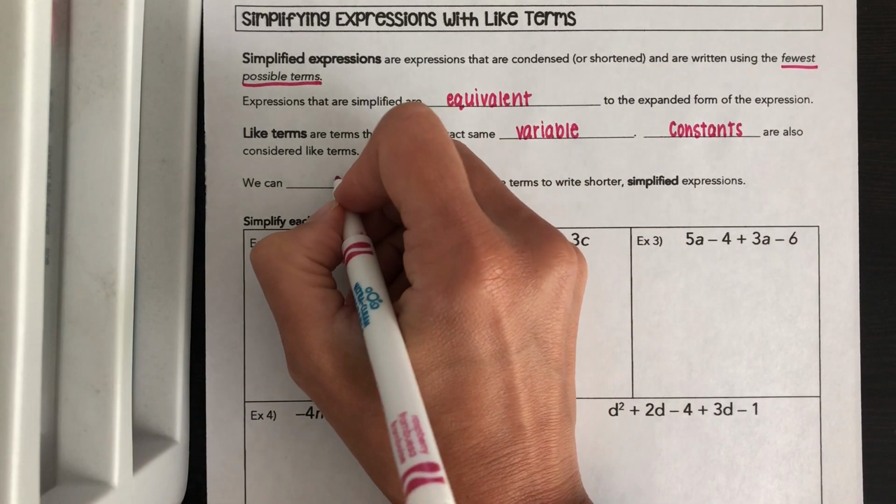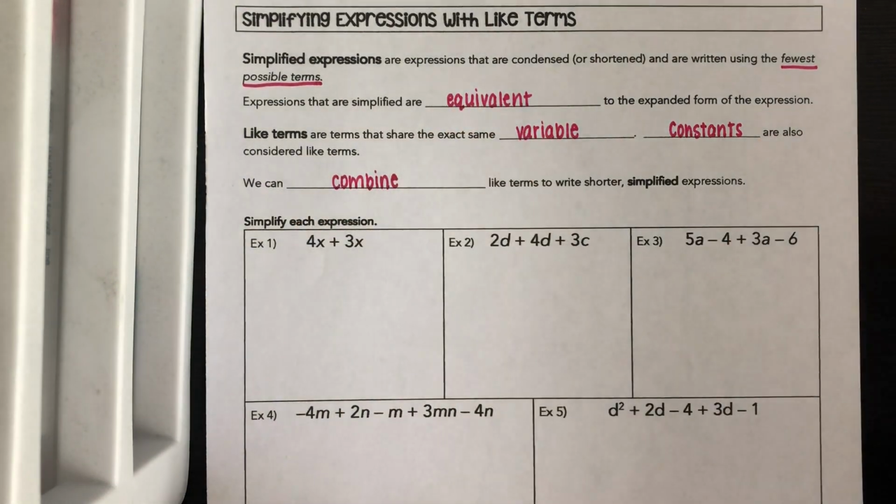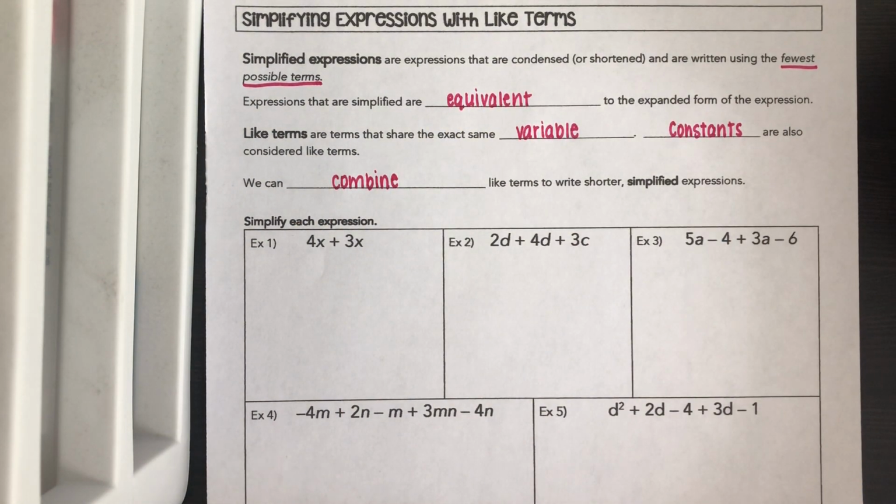And we can always combine any like terms to write shorter simplified expressions. So again, as we work through these examples, our goal of simplifying our expression is to rewrite these expressions using the fewest possible terms. When we look at example 1, we have 4x plus 3x.